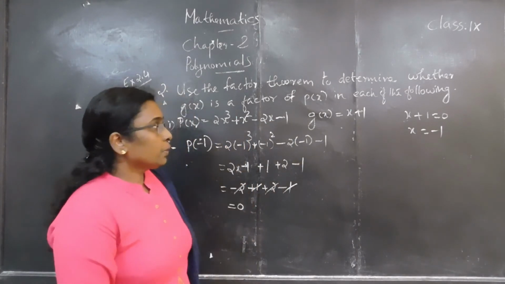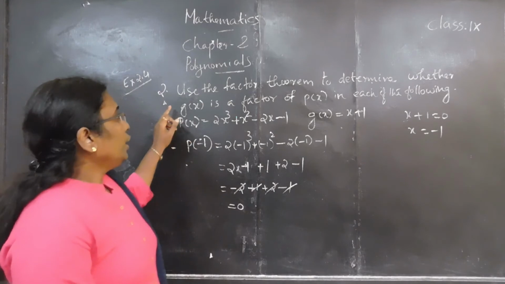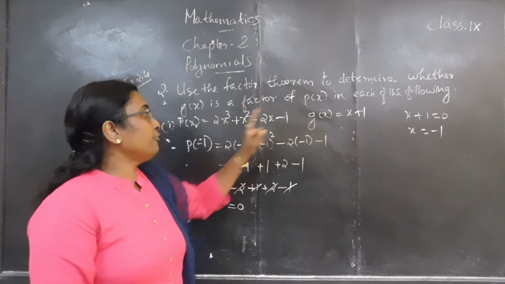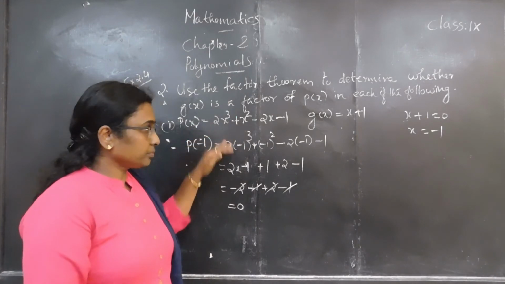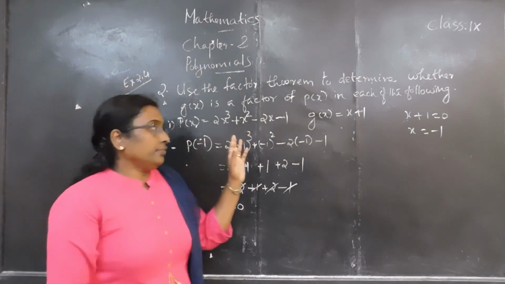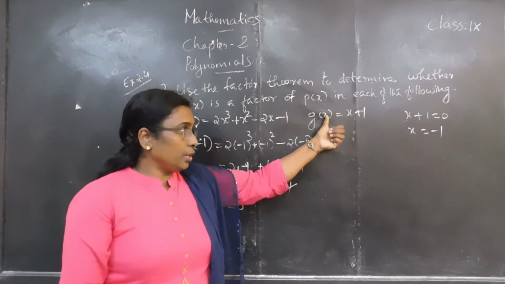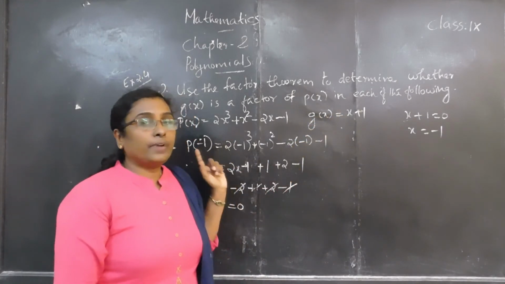Okay, clear? Once again, listen here. Use the factor theorem to determine whether g(x) is a factor of p(x). For that, we have to check whether x plus 1, which is g(x), is a factor of p(x).